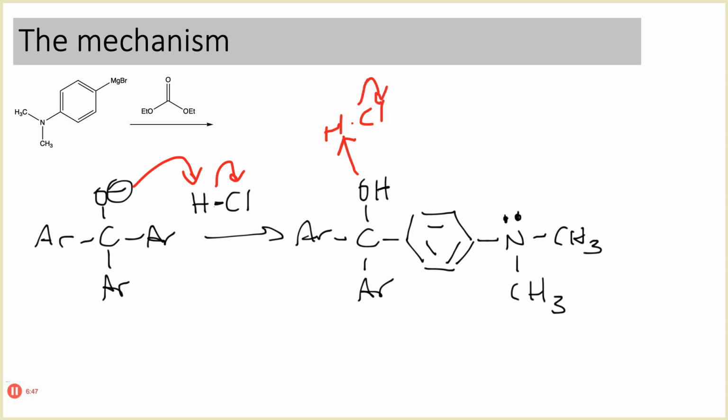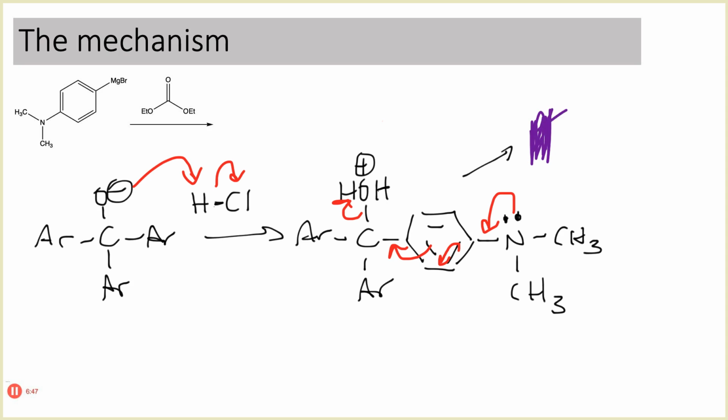I'm just going to show that getting protonated. And since I'm running out of room, I'll just go ahead and make that a great leaving group, which gets kicked out. And that takes me straight to crystal violet. There it is.